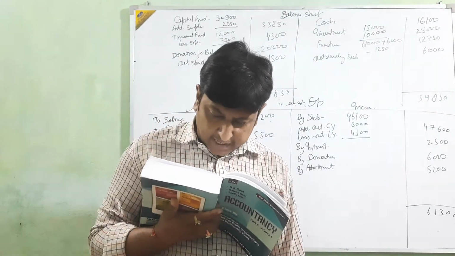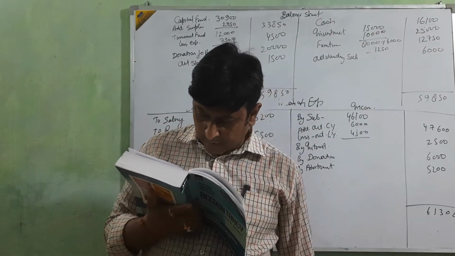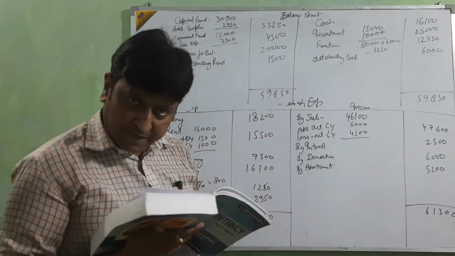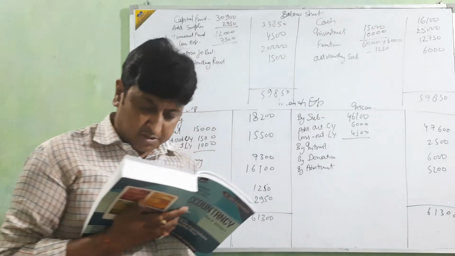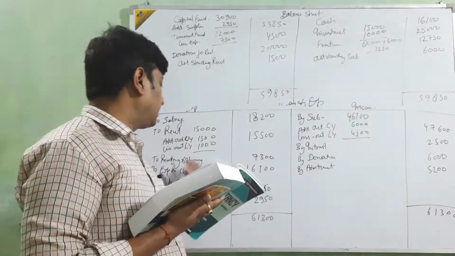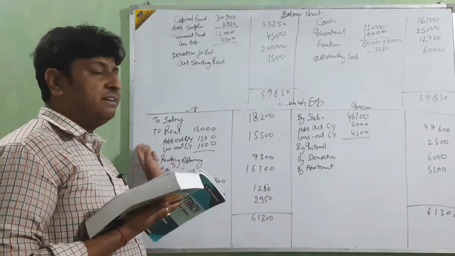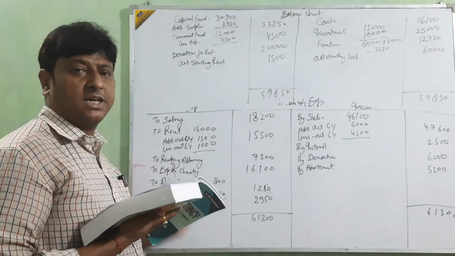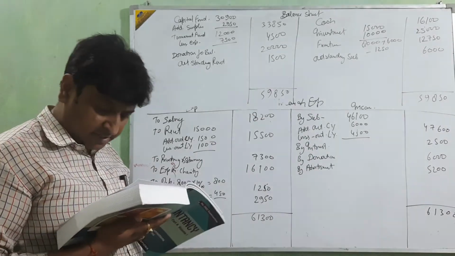And then sale of furniture. If the sale of furniture is given, 5,000 is the value, and then we are going to sell at 2,400. So the loss on sale of furniture goes on the debit side, means the expense side, beta.